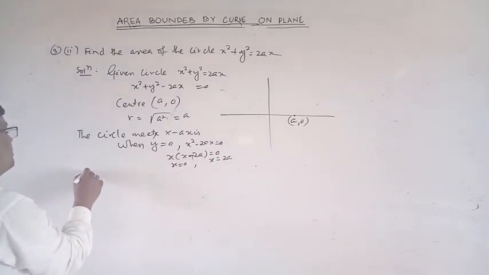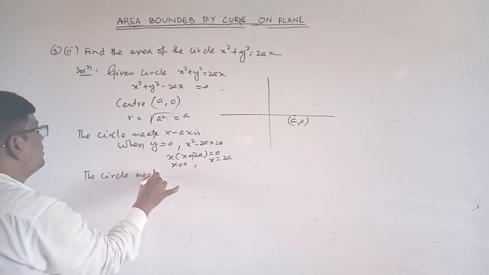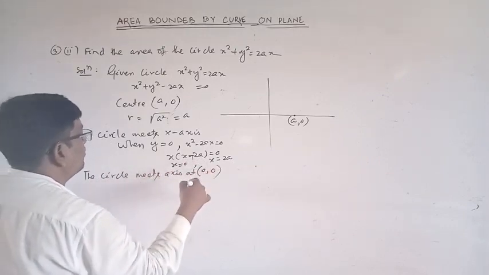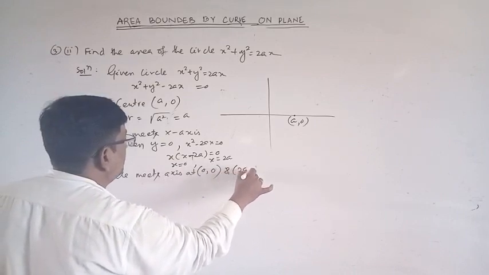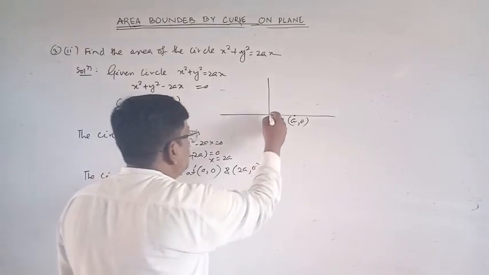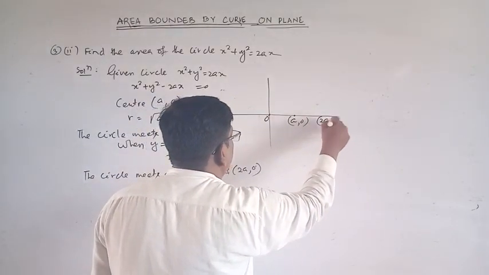That is, the circle meets x-axis at x is equal to 0, y equal to 0 and x is equal to 2a, y equal to 0. So circle meets x-axis at (0, 0) and (2a, 0).